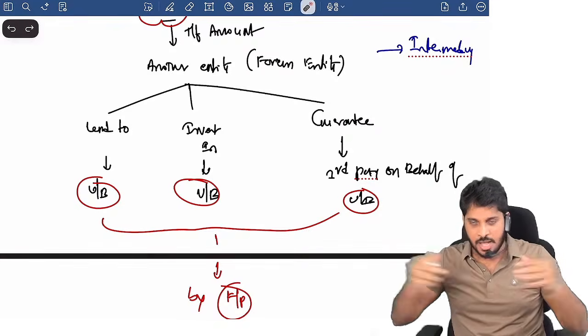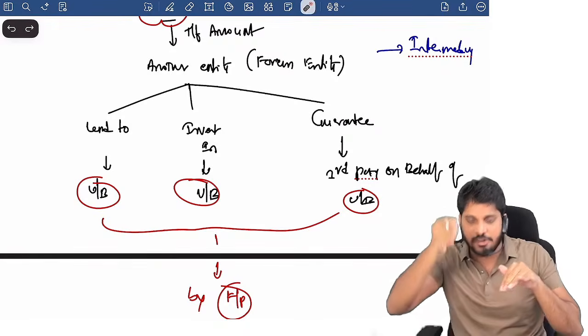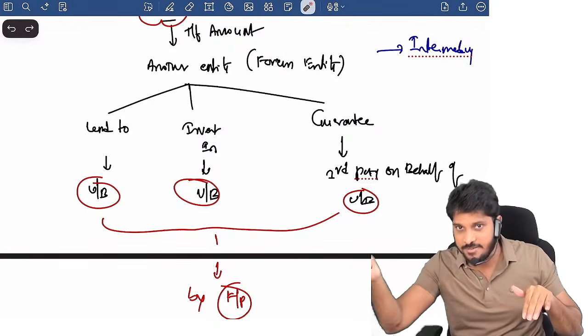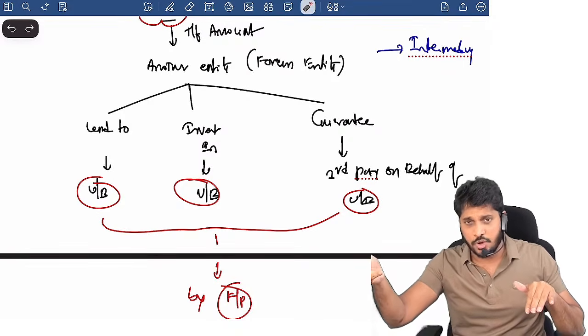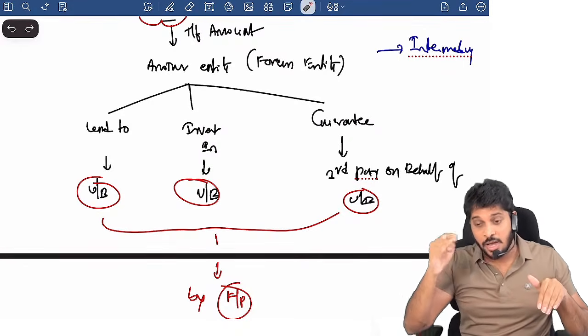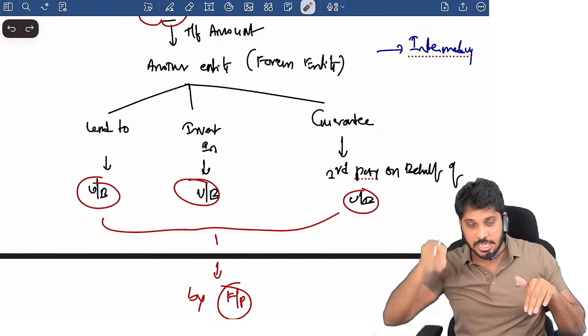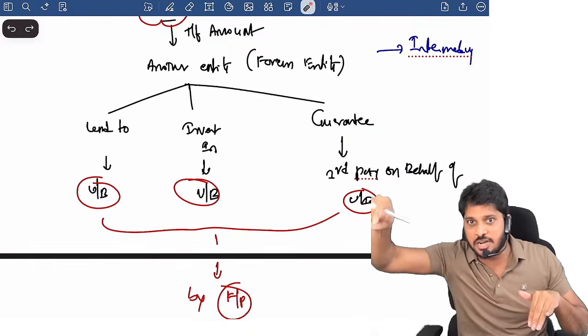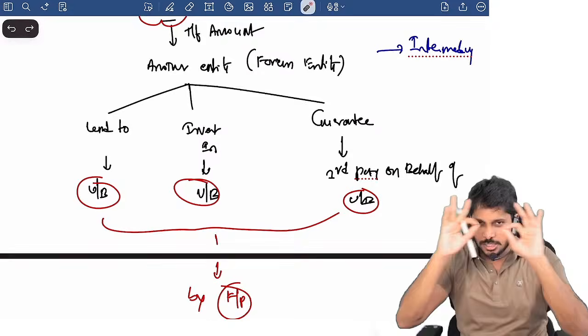This is the transaction. We don't directly give to the beneficiary. We use a mediator. That mediator either gives a loan or makes an investment in the beneficiary, or gives a guarantee to a third party, so that the beneficiary ultimately gets a benefit. This is the transaction.